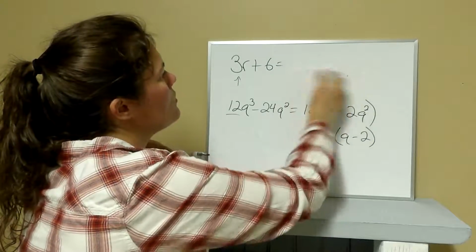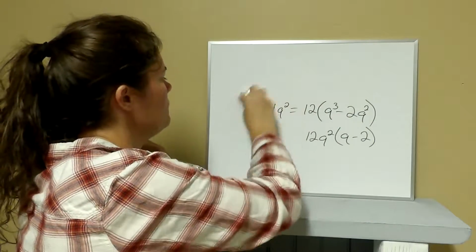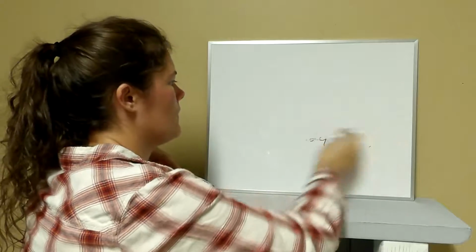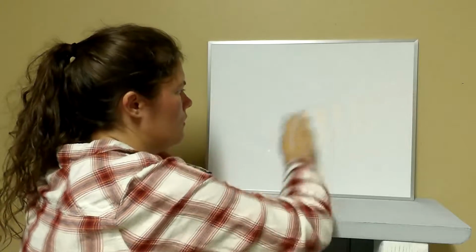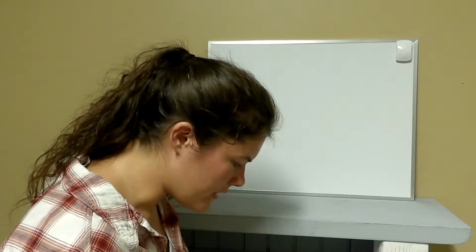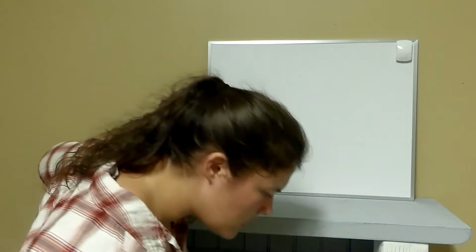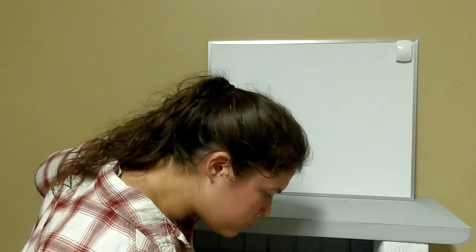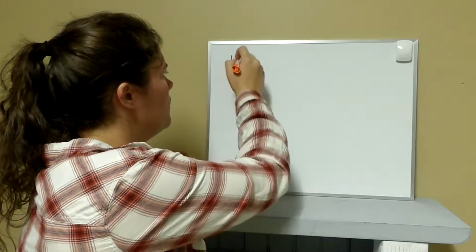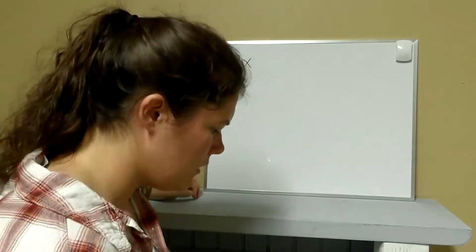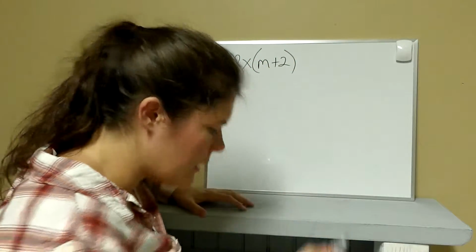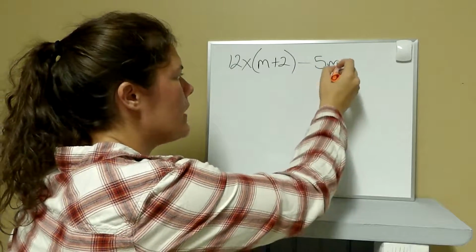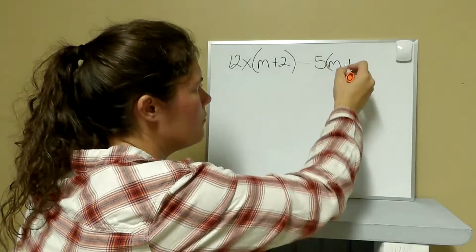Okay. Let's do one more. Oh my goodness. I'm kneeling while making this video and my legs are falling asleep. Okay, so we have 12x times m plus 2 minus 5m, whoops, plus 2.